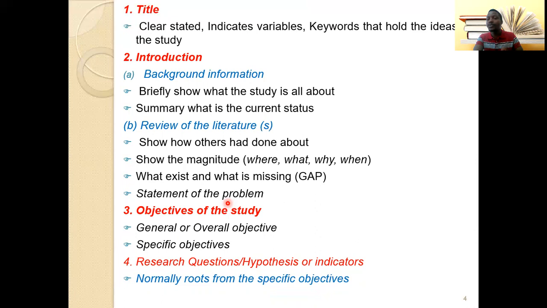If you are doing experimental research, you create your hypotheses, which you try to answer after you go through the fieldwork or experiment and collect the data. Then you answer the research questions, hypotheses or assumptions. Sometimes we call them indicators.